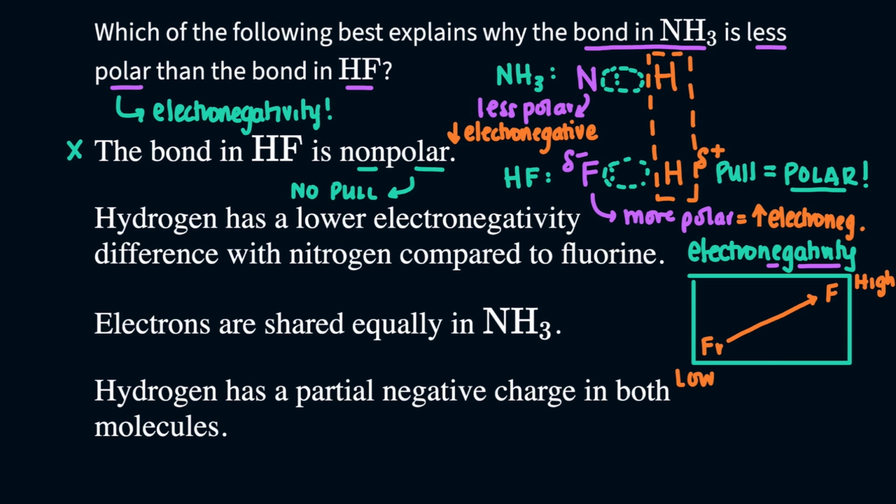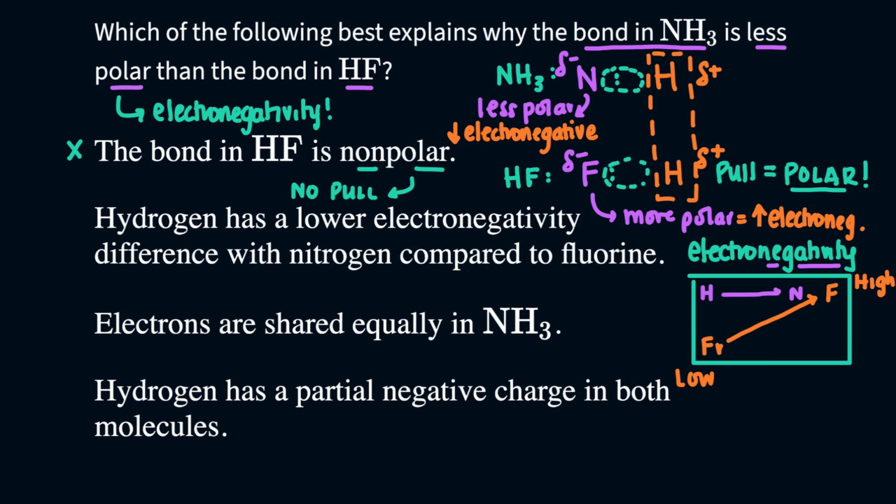So the same type of idea here. Even though there's a little bit of a pull, but not as much as fluorine, nitrogen still is the one that's pulling. So this would also be partial negative, which makes hydrogen partial positive. Also keep in mind that nitrogen is right around here on the periodic table, and hydrogen's all the way over here.